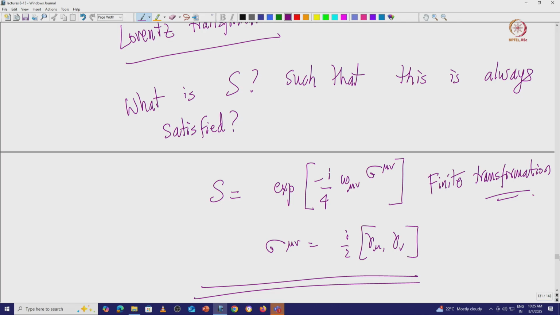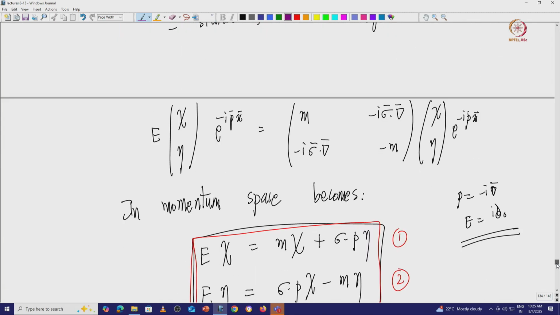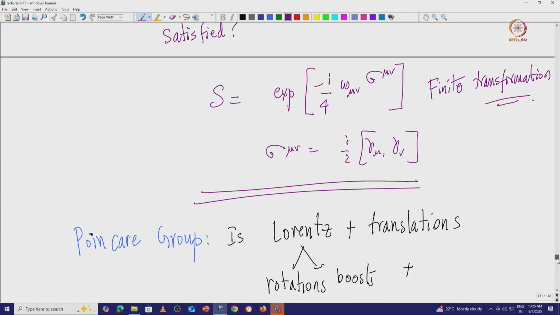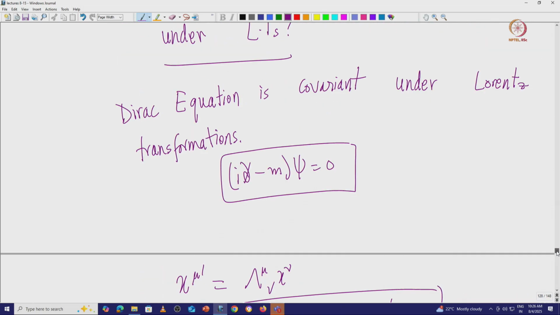Under S, psi transforms as S psi, and psi bar transforms with S inverse. So psi bar psi transforms in this particular fashion.